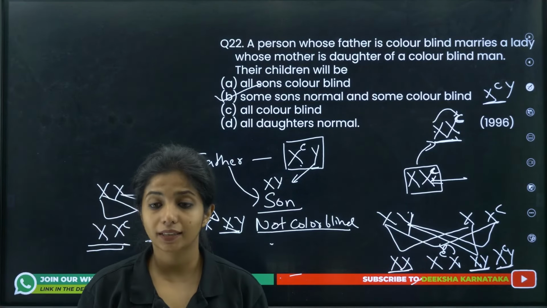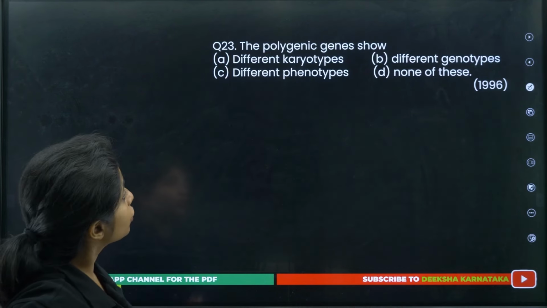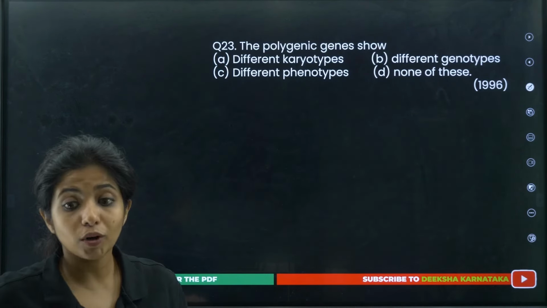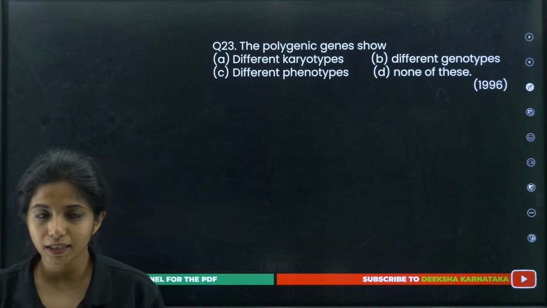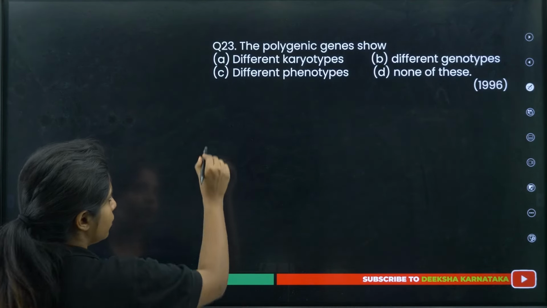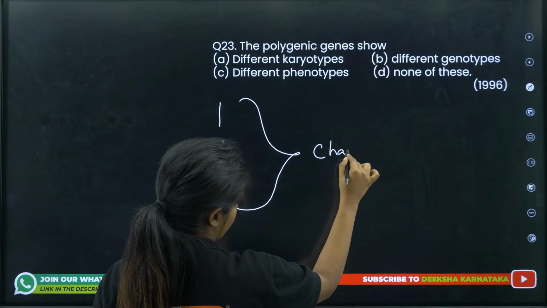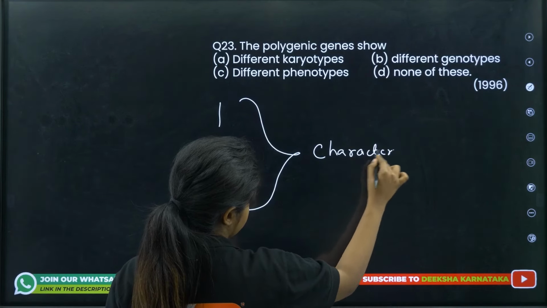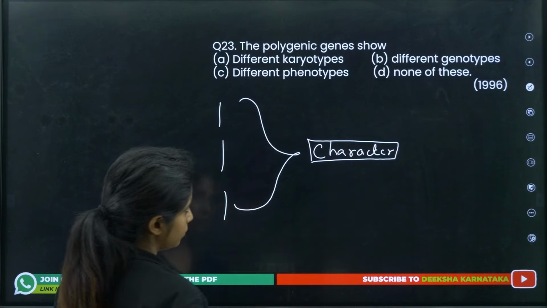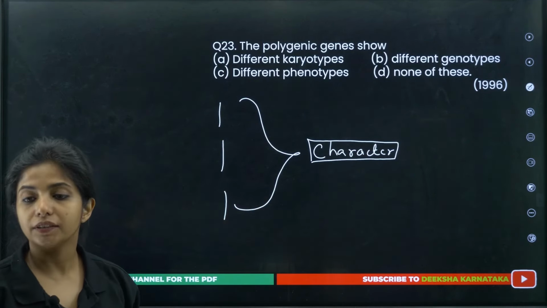It came in 1996. It's a mind-ticking question. Polygenic genes show... what do you mean by polygenic? Polygenic basically means there will be different sets of genes which will be determining one character, children.